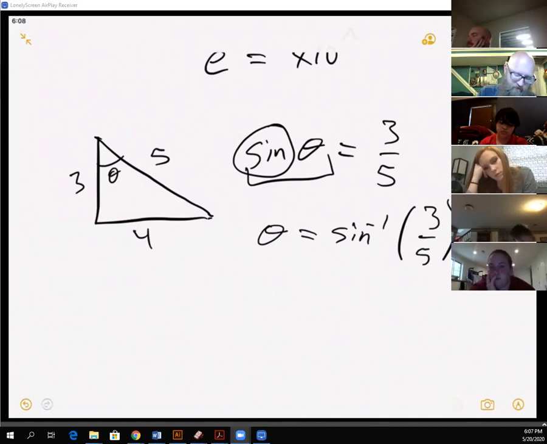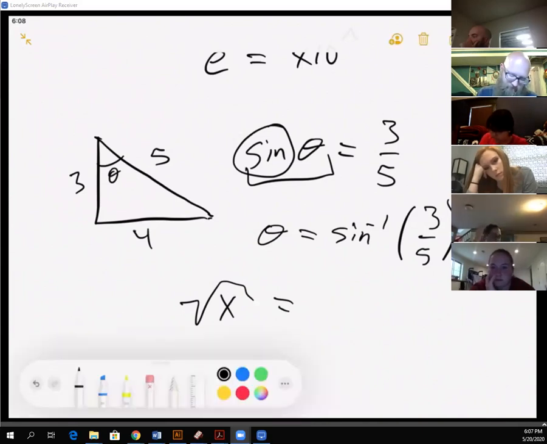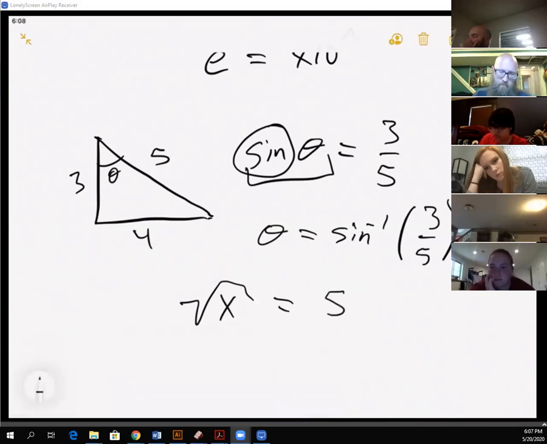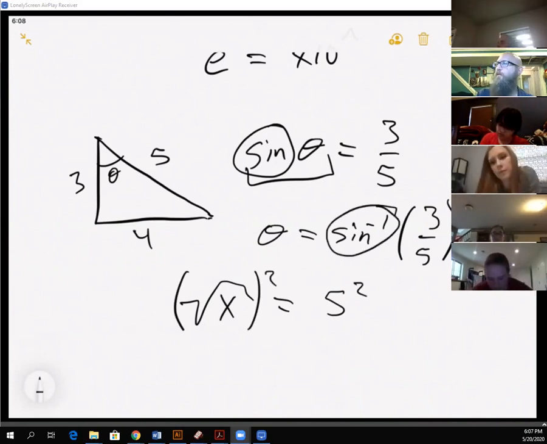It's like you're flipping sine to the other side as sine of arcsine. How do I undo sine, just like how do I undo a square root when I have to square it? This is just a function that undoes sine, the arcsine. Okay. Cool. Yeah, other questions?